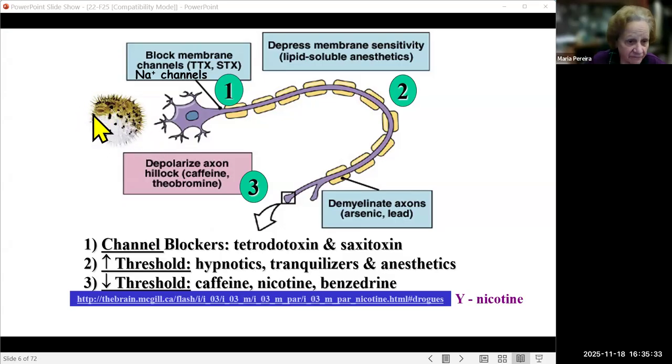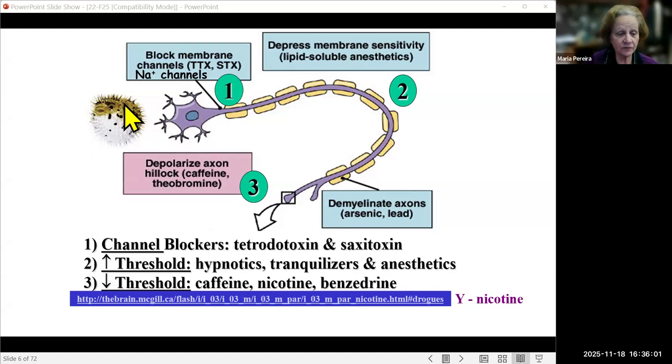Pufferfish is a delicacy that is eaten in Japanese restaurants. And if you ever order this, make sure that the gland that produces tetrodotoxin is removed, because these two chemicals, tetrodotoxin and STX, block the voltage gated sodium channels, so they can cause paralysis.